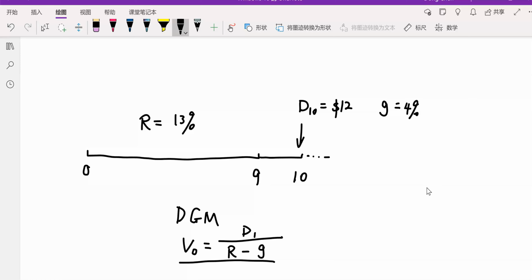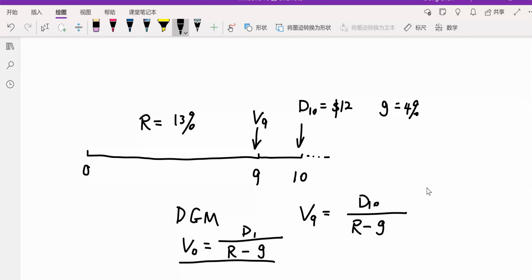Because when we stand here, D10 becomes the next dividend, which is exactly what the numerator requires. That's the first realization. So we are calculating V9, and V9 equals D10 divided by R minus g.